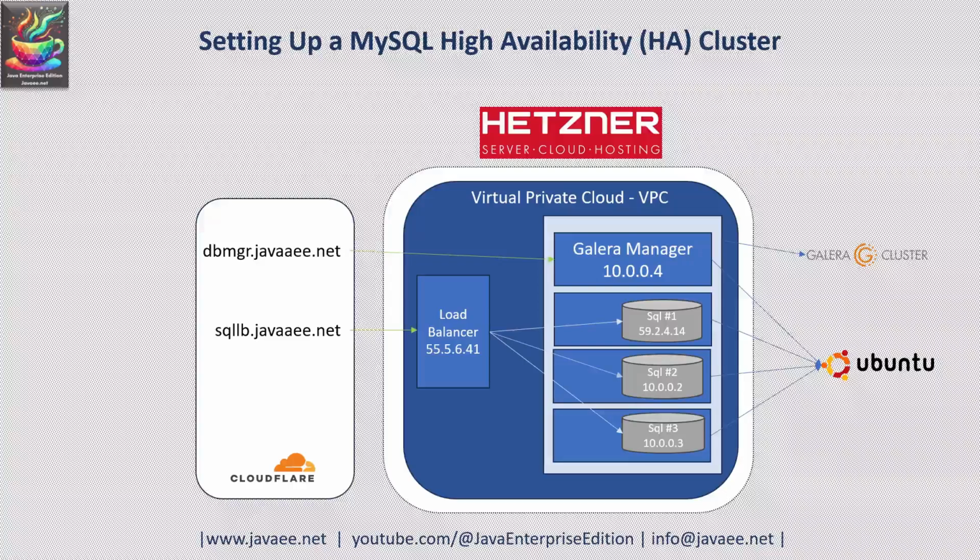One for accessing the Galera Manager, and the second one for accessing the load balancer. In order to set up the SQL cluster and the respective SQL nodes, we need to access the Galera Manager, and the Galera Manager can be accessed through the host name. Similarly, we have another host name, as we discussed, to access the load balancer.